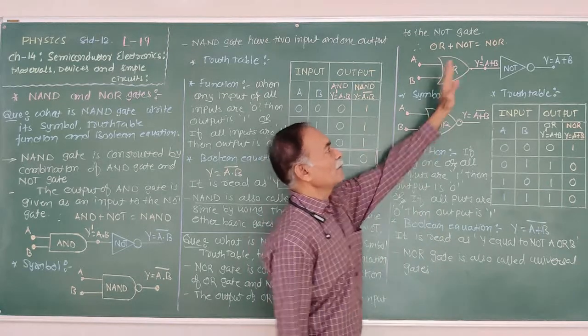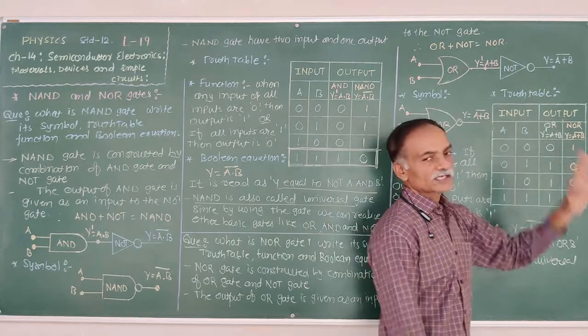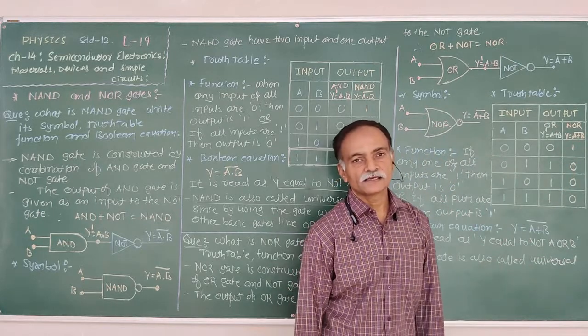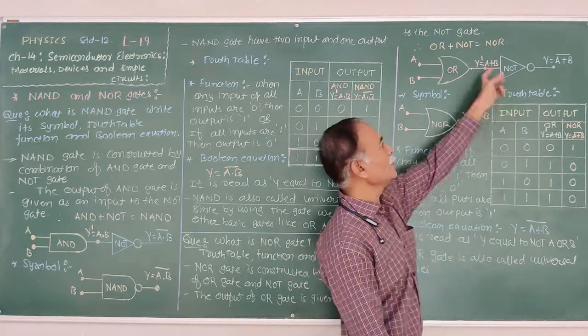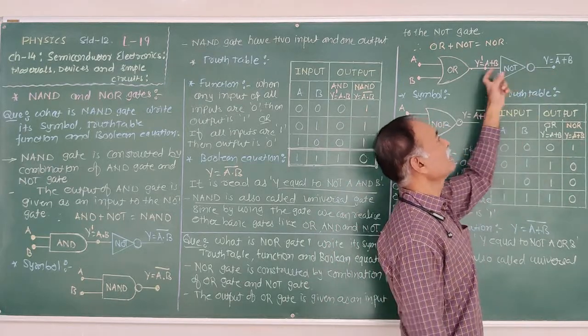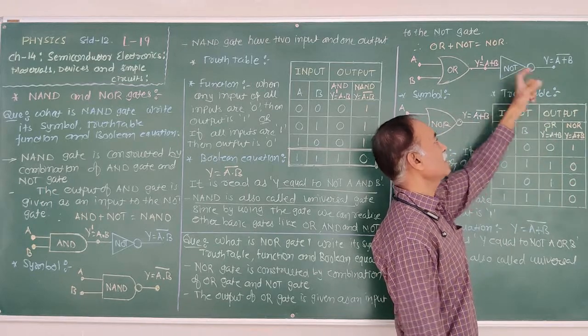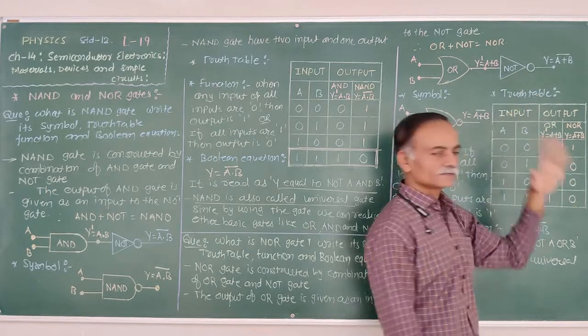So this output of the OR gate is given as an input to the NOT gate, so that it is inverted. Due to the NOT gate, where 0 is given, we obtain 1. Where 1 is given, we obtain 0.